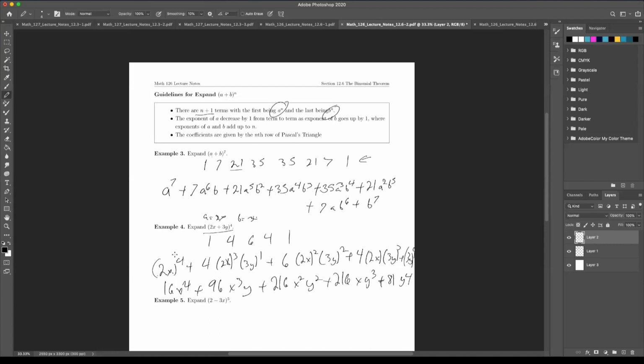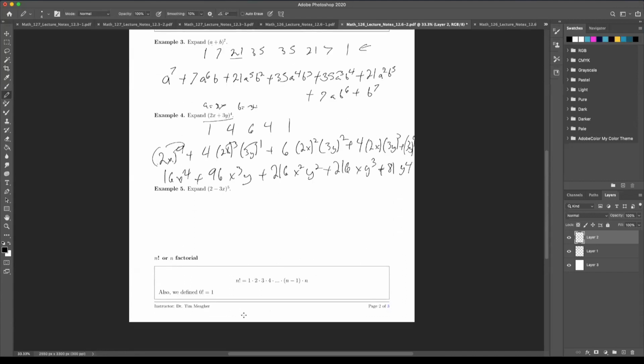Okay, and then all I'm doing here is just putting in these and crunching through what the coefficient is. That isn't too bad.